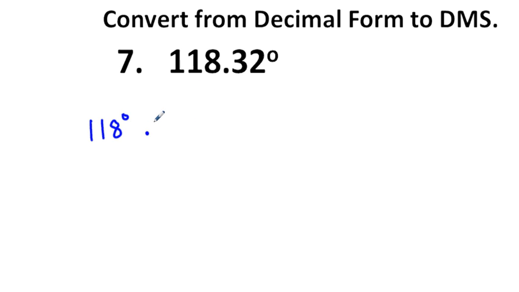We take the 0.32 and multiply that by 60, just as we did in problem number 5, and that's going to be the number of minutes. So that's going to be equal to, bring down 118 degrees, and 0.32 times 60.